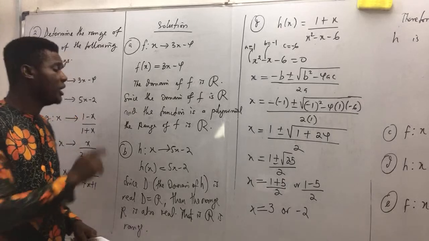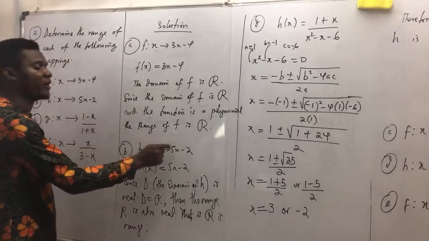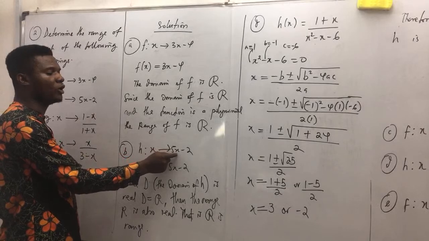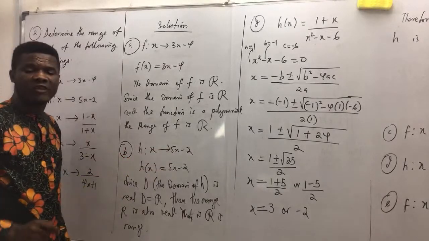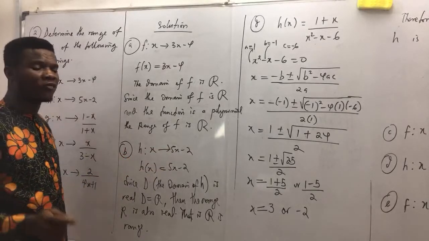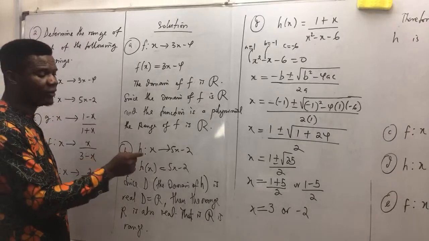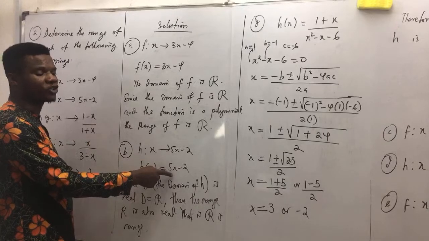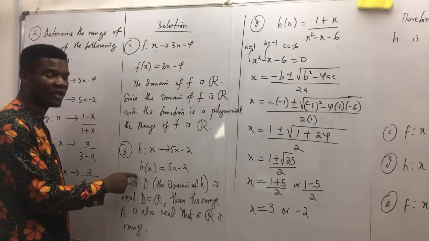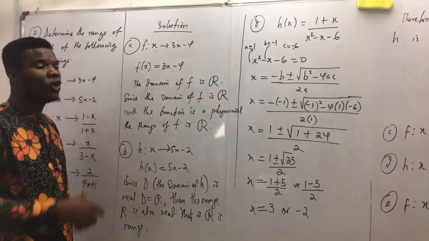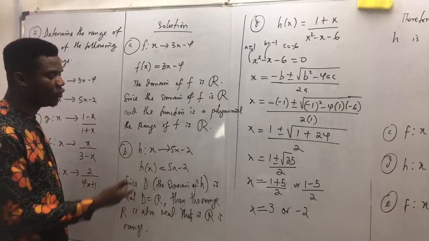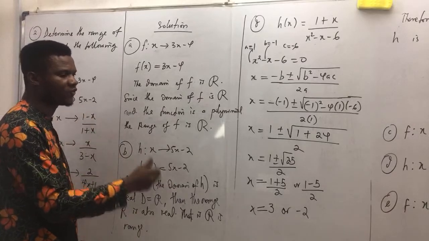Why do we know it is the set of all real numbers? Think of any real number that you can put into this function to replace x. If you think of any real number, whether decimal or fractional numbers or whole numbers that are real numbers, if you put in this function a real number, the result of h of x would also be real. So all real numbers would make up the range of this function.